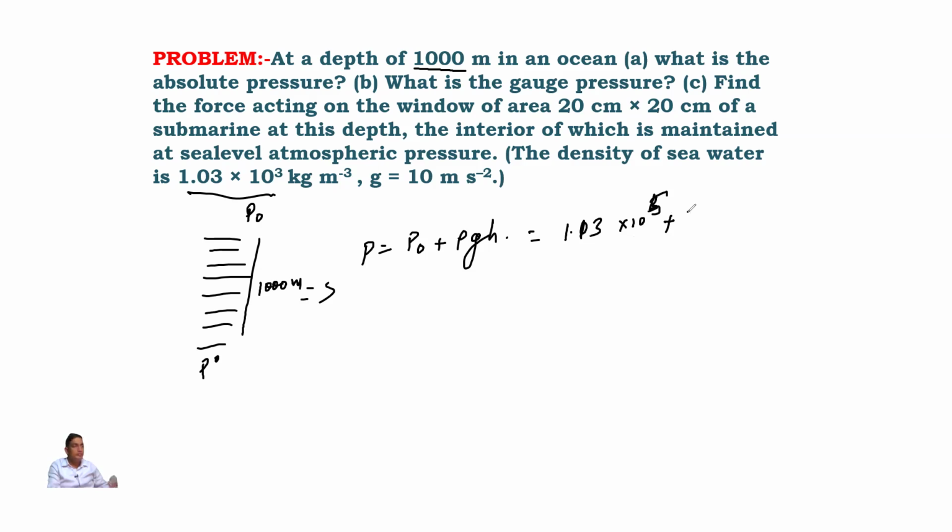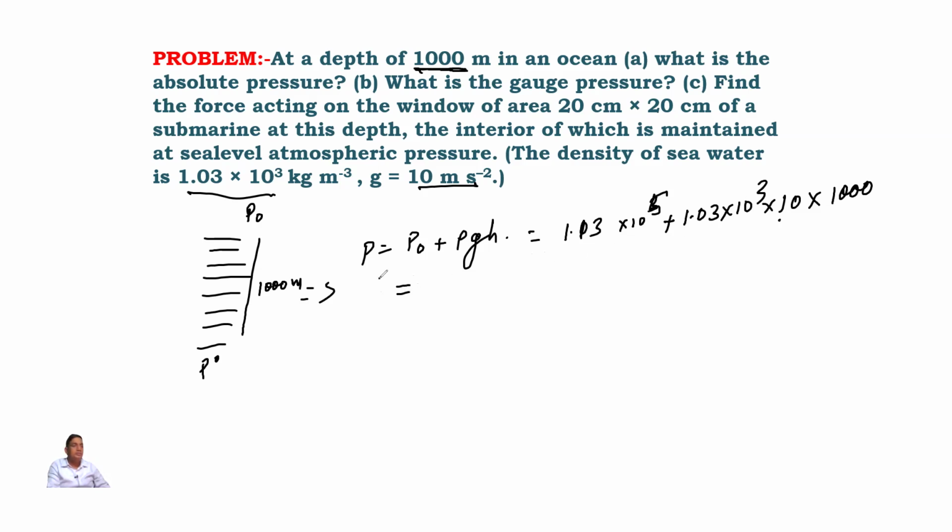Rho is 1.03 × 10³ kg per meter cube, and g we can take as 10. We should take 9.8, but because in this question it is given as 10, we are taking it as 10. And what is h? h is 1000 meter, so we put 1000 meter.